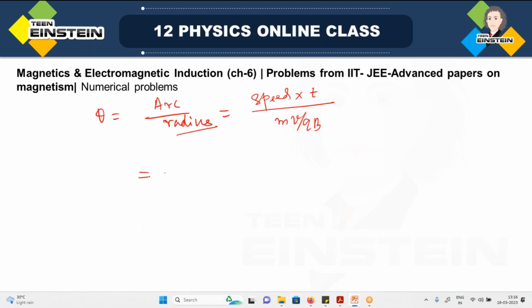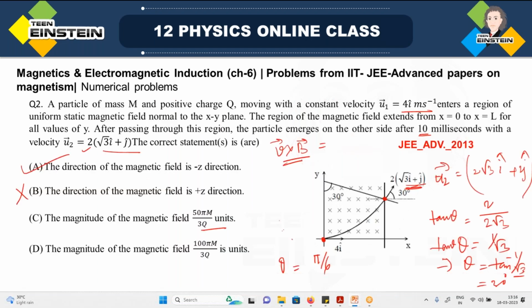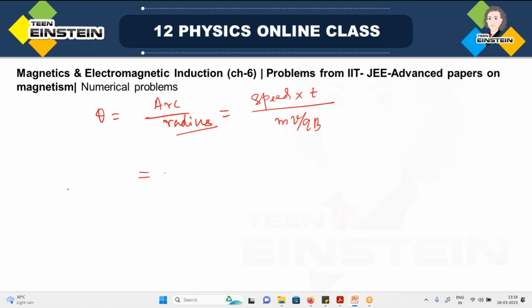What is the speed? Speed was given. So the angle is actually pi by 6 here. Speed into time, qb by mv.